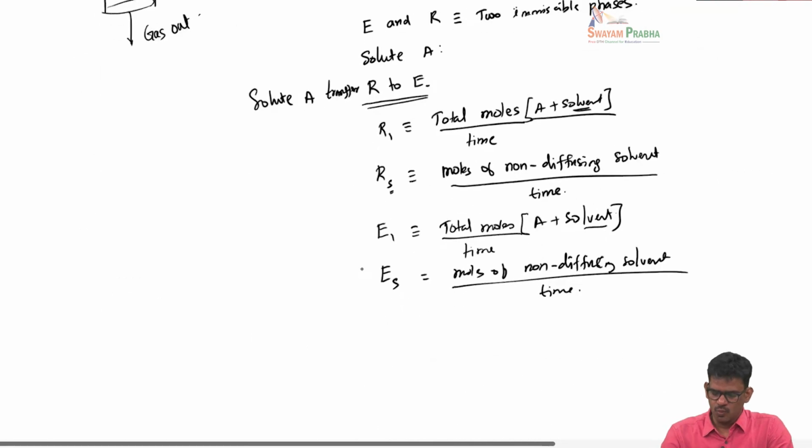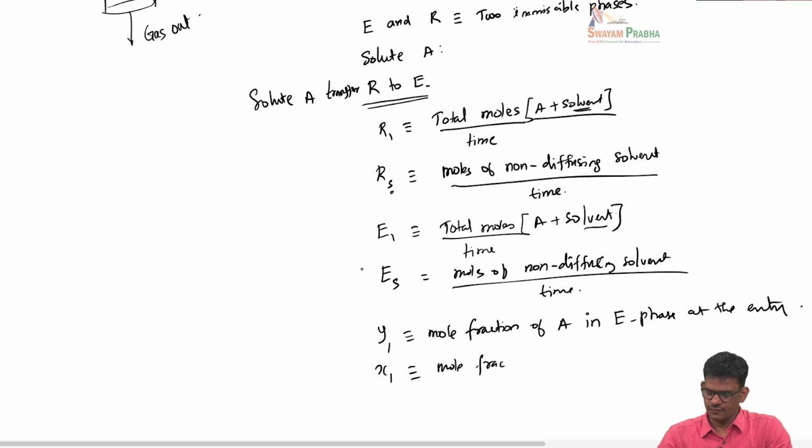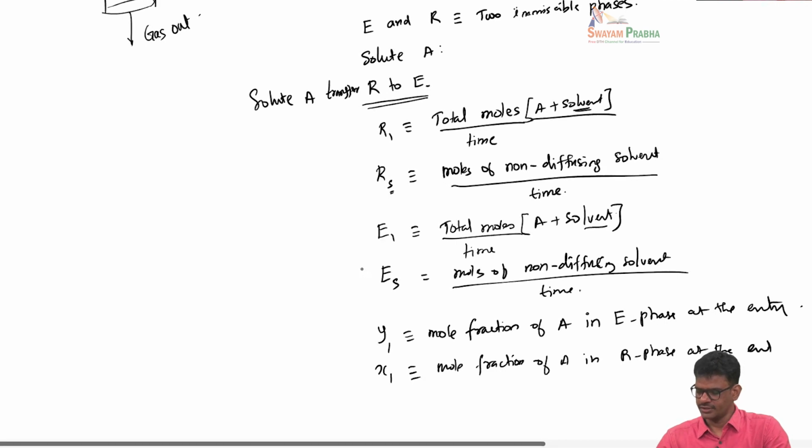And y1 would be the mole fraction of A in the E phase at the entry. x1 is the mole fraction of A in the R phase at the entry point.